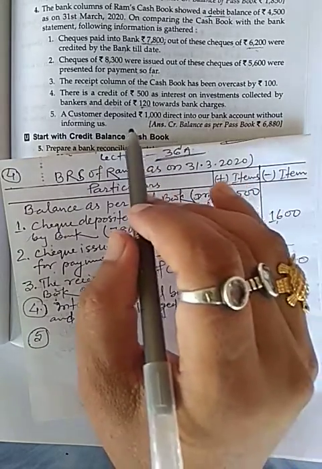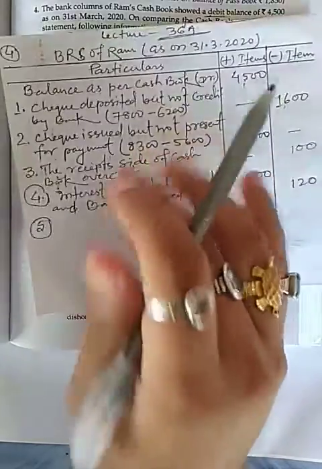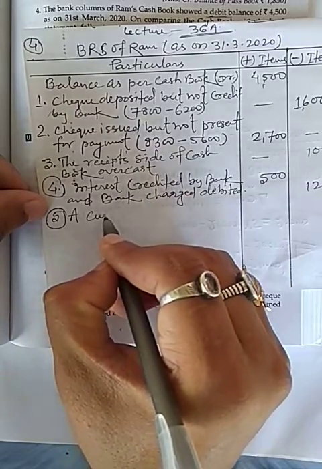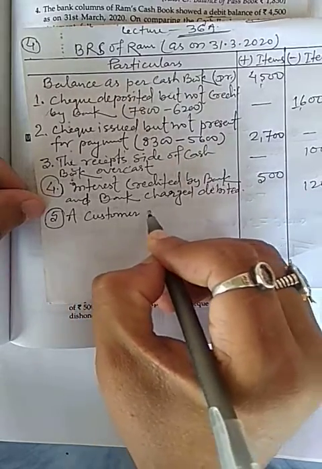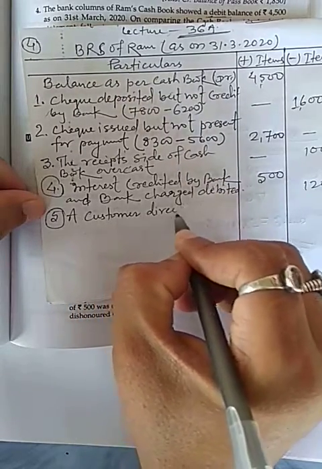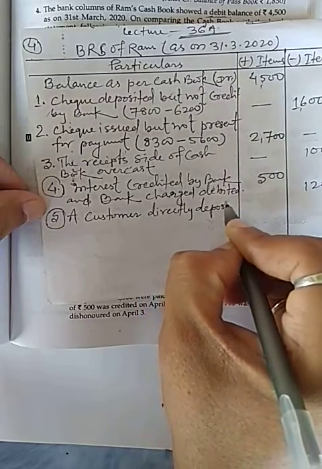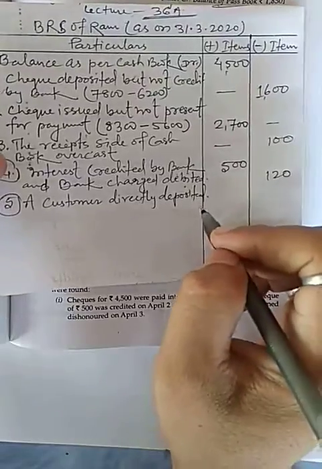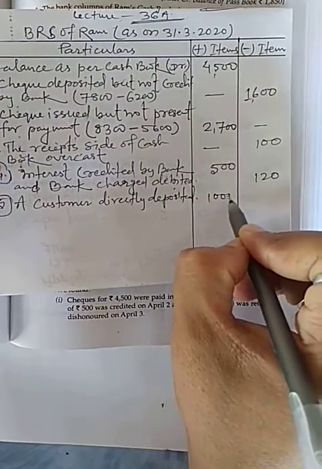So we have to add in cash book. So I will write a customer directly deposited. In short, we can write it will show in plus item 1000.